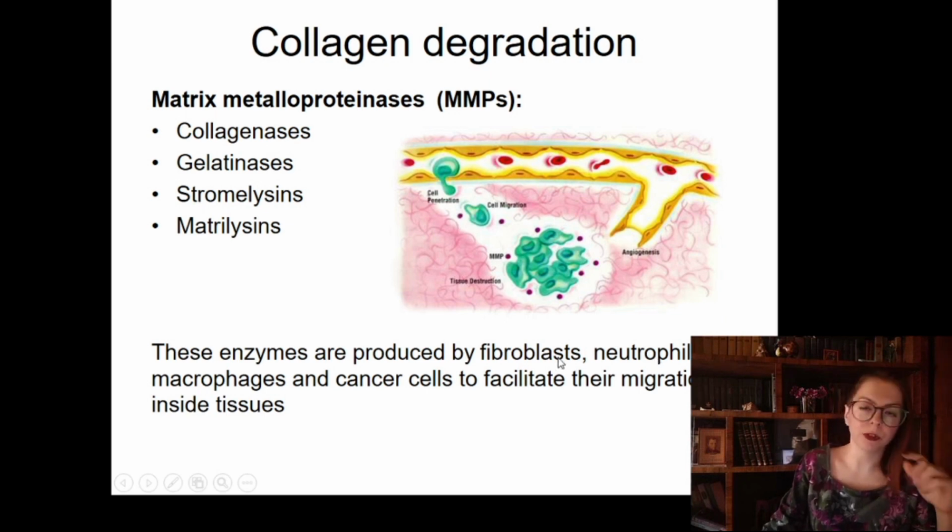In the case of neutrophils and fibroblasts, this is a normal process, but cancer cells use those enzymes to send metastasis. That's why blockers of those enzymes are used to prevent metastasis. So please remember, those enzymes are used in diagnostics and they are the target for different drugs in chemotherapy.